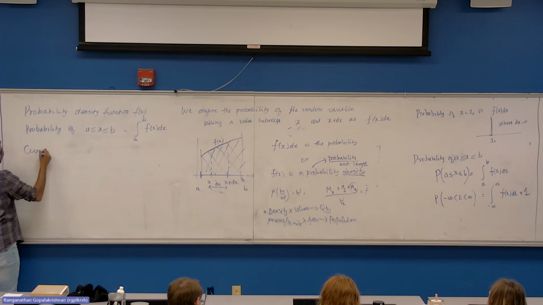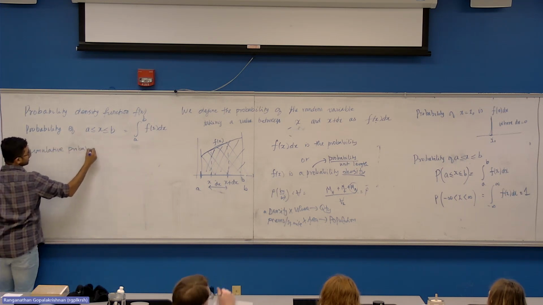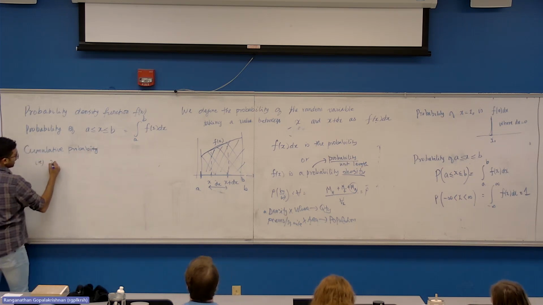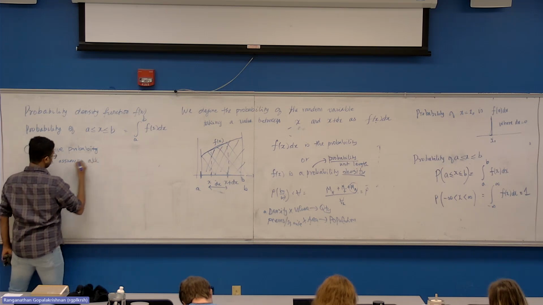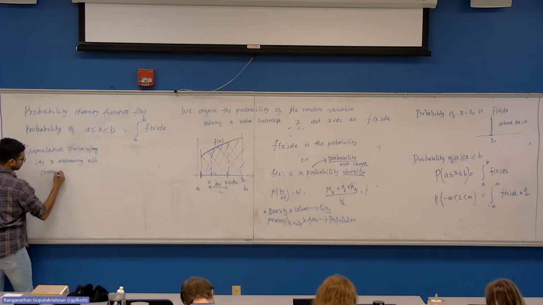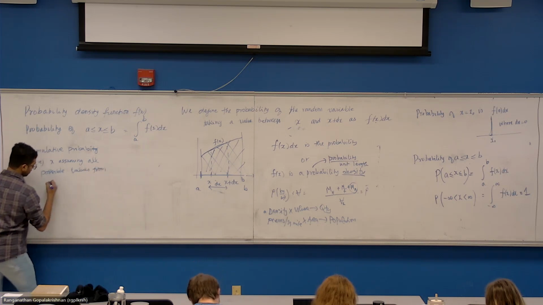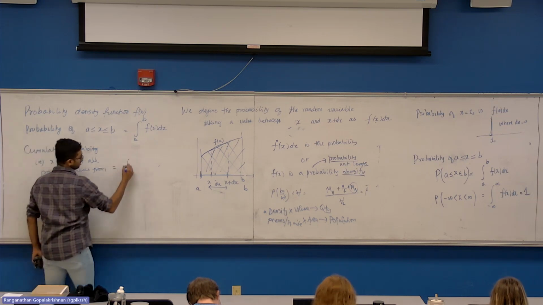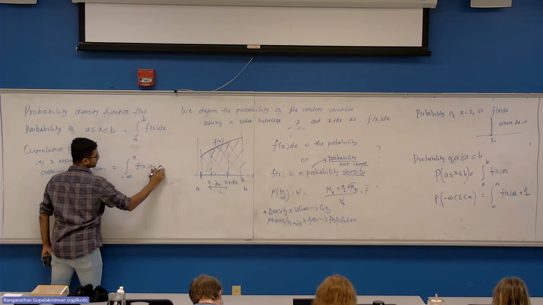Cumulative probability, that is x assuming all possible values from minus infinity to, say, for example, a. That would be integral from minus infinity to a f of x dx.